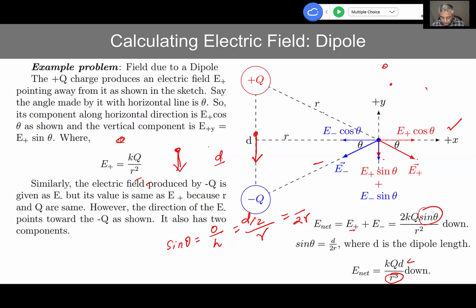Assuming this is exactly at the same distance. But if it is there, it's going to be pointing more like that rather than this, okay? It's the net field, the sum of two fields, so we need to draw and then add them using the vector addition method.